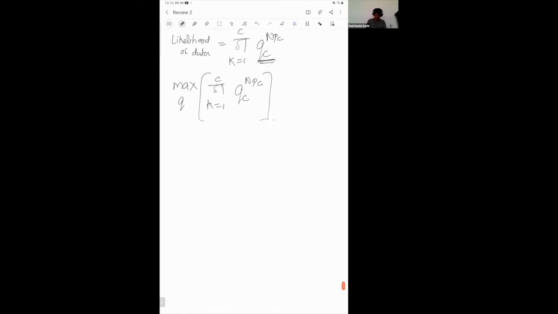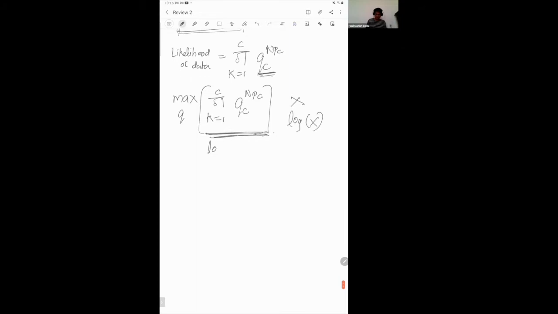But as I mentioned in the last class, optimizing x is the same as optimizing log of x. Instead of likelihood of data, we would generally want to deal with log likelihood of data, because optimizing likelihood is the same as optimizing log likelihood, and log likelihood is quite easier to deal with.